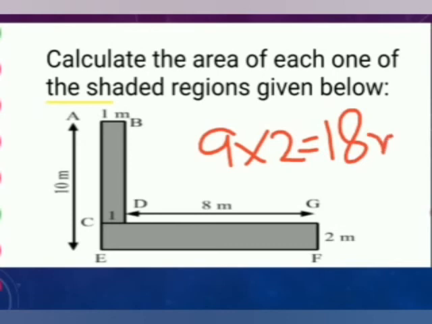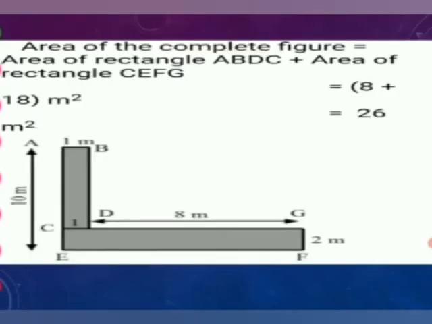So we have calculated the area of both the figures. Now let's solve and find out how much the total area of this shaded region will be. So the area of the complete figure will be equal to the area of this rectangle ABCD plus the area of CEFG.